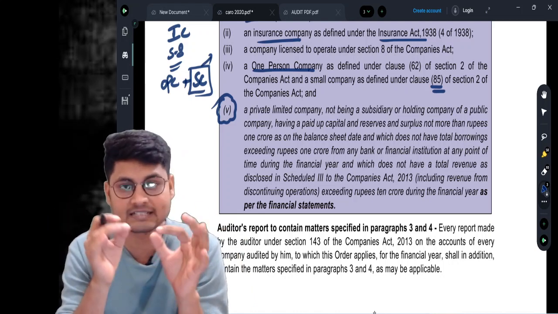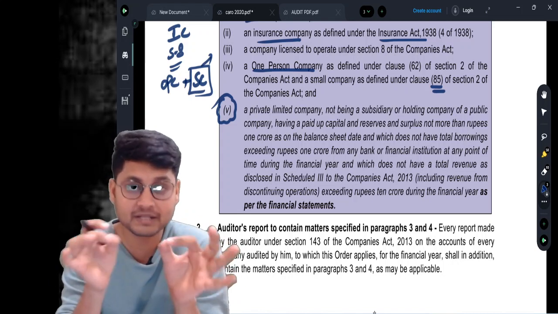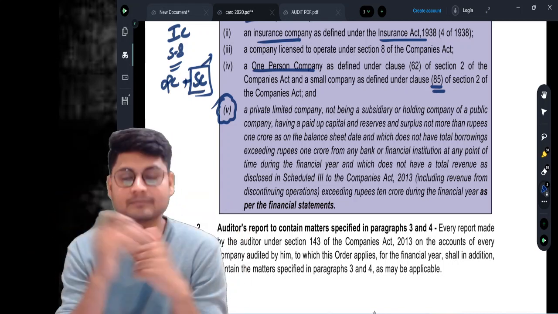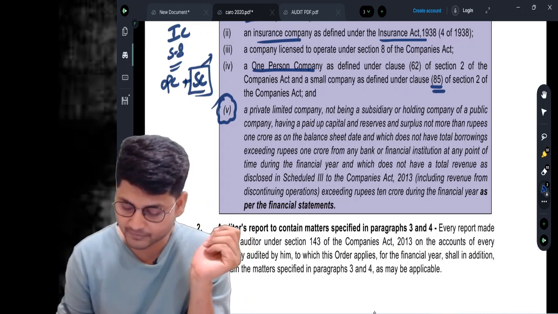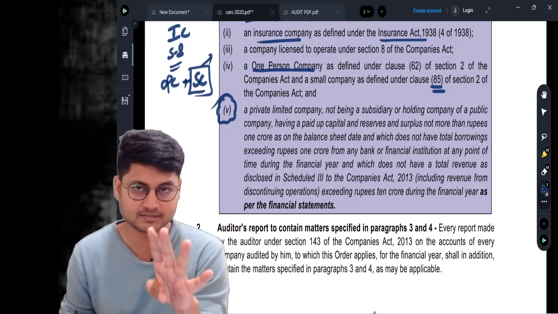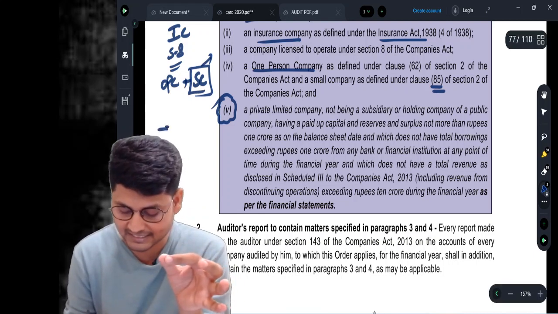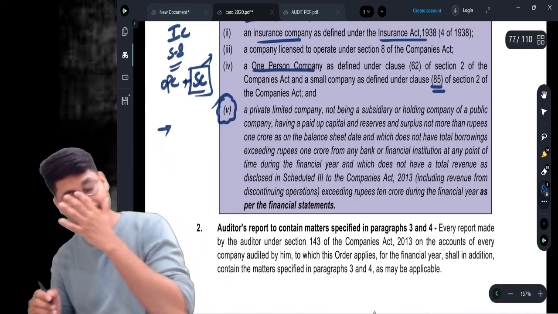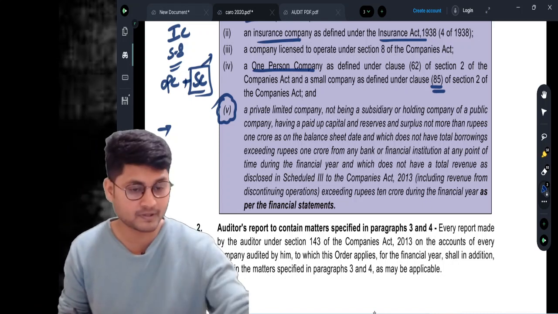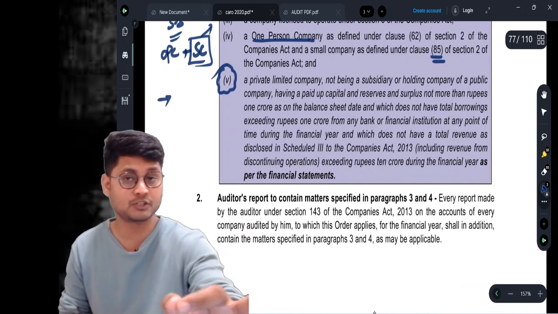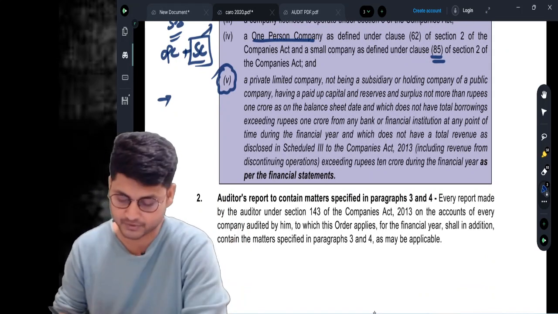If all the following conditions are satisfied, then for a private company also there is no applicability of CARO 2020. So there are in fact 4 conditions. Let me write those 4 conditions also. I will just write here, you just need to copy in your notebook. Please maintain the notes properly. Before the examination it is going to be very, very helpful for you.